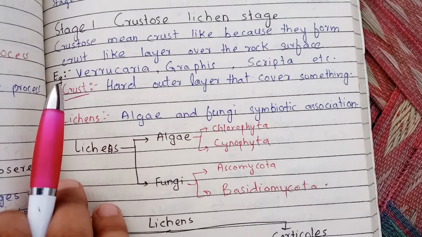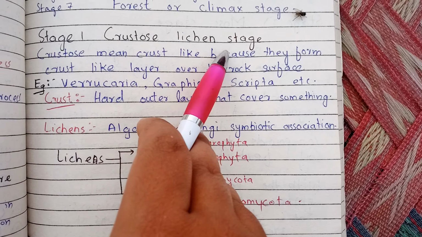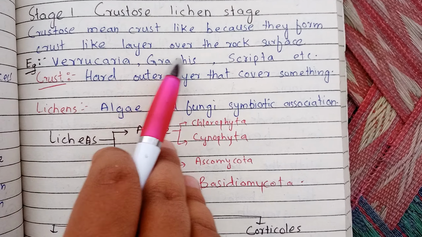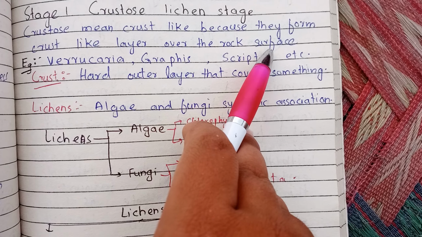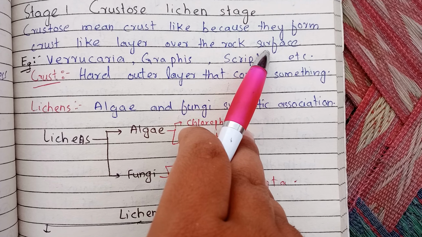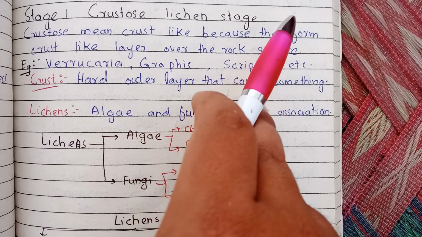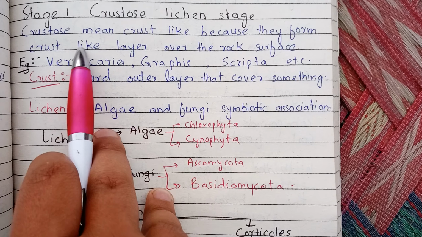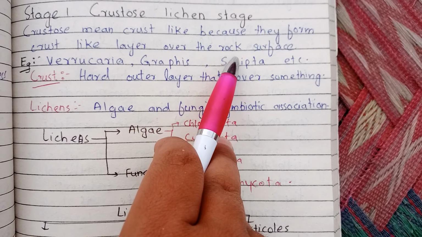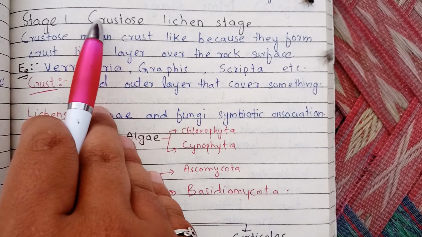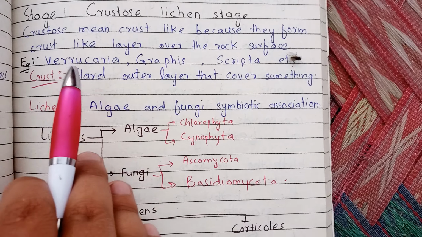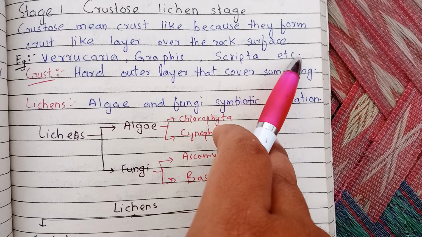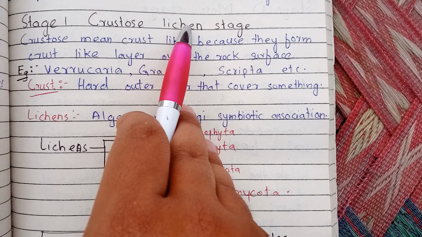So what happened in crustose lichen? When the lichens form a crust-like layer over the rock surface, such a stage is known as the crustose lichen stage. For example, Verrucaria, Graphis, Scripta, etc. These are examples of crustose lichen.